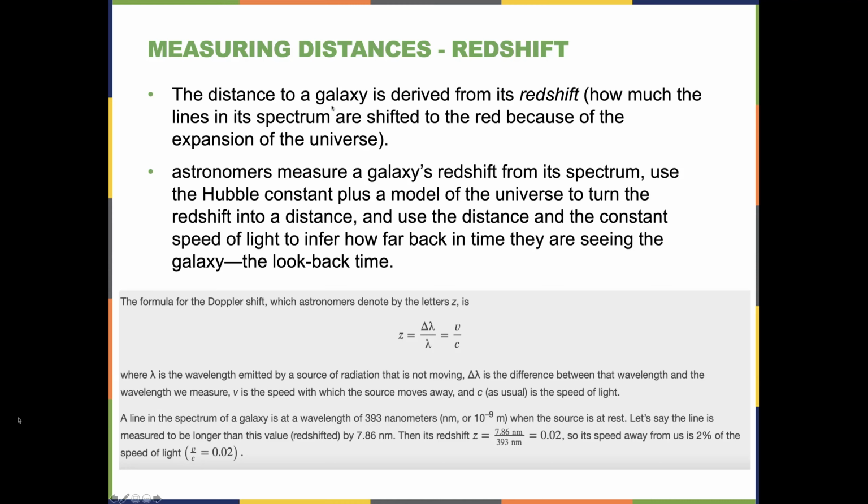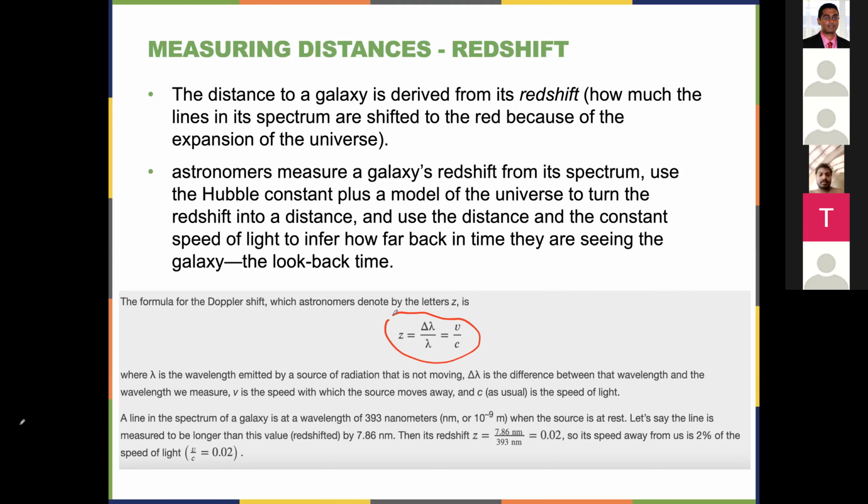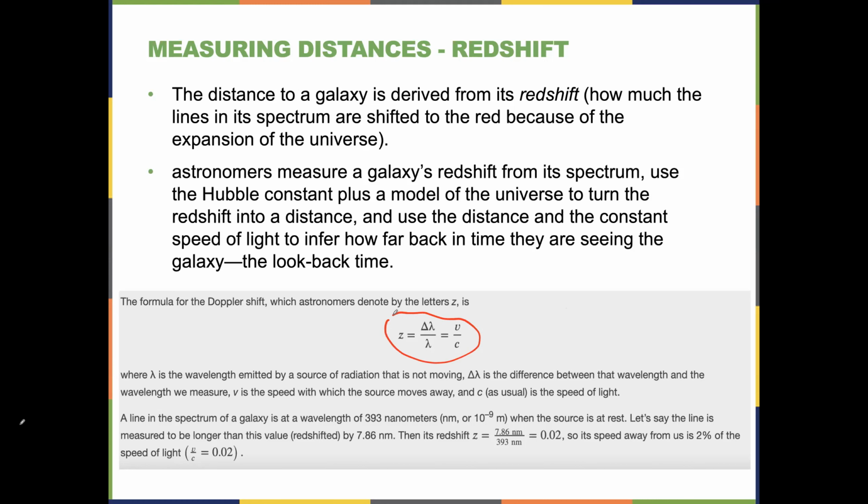But it is always helpful to remember this equation, because it's a simple equation that will give you an idea about the redshift of the galaxy, right? You take one line and measure the shift of that compared to the laboratory frame, and that will give you the value of the redshift.